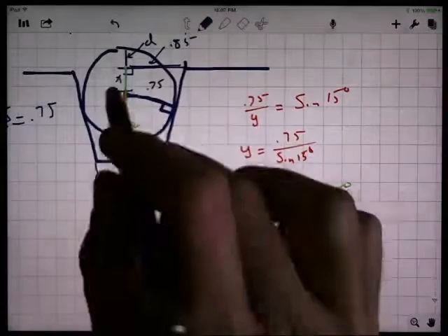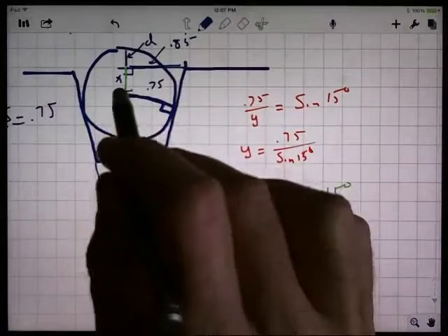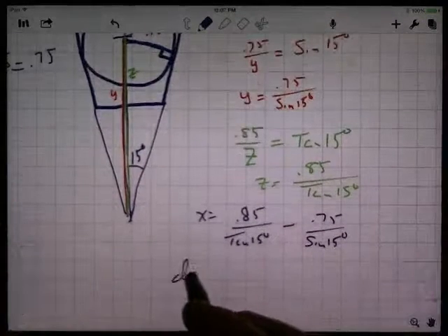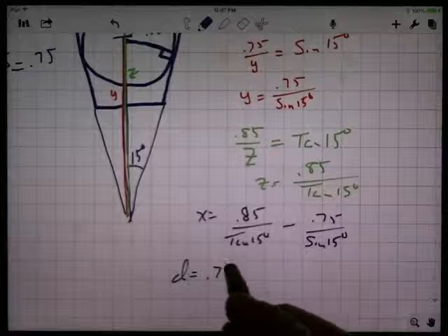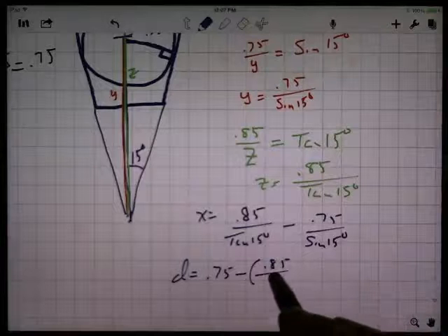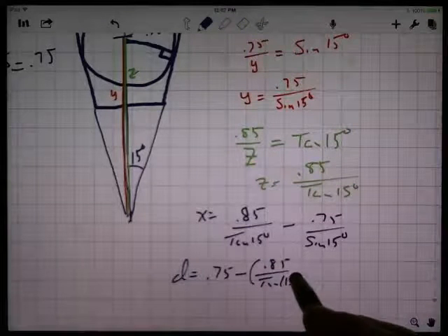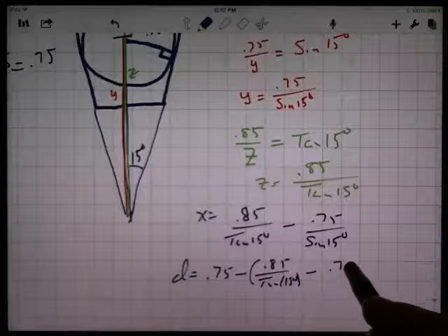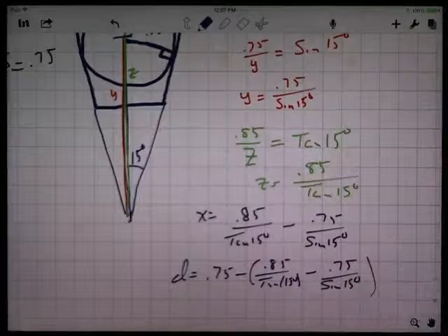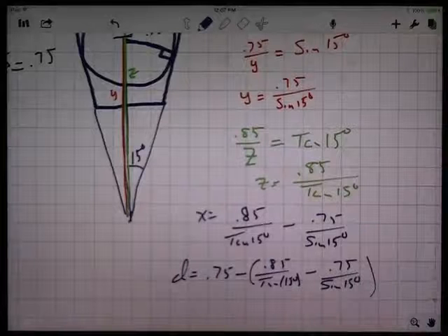Now that I know x, I can find d, because d is just going to be the radius minus x. So d is equal to the radius of 0.75 minus all of this stuff. Wow, we made it.